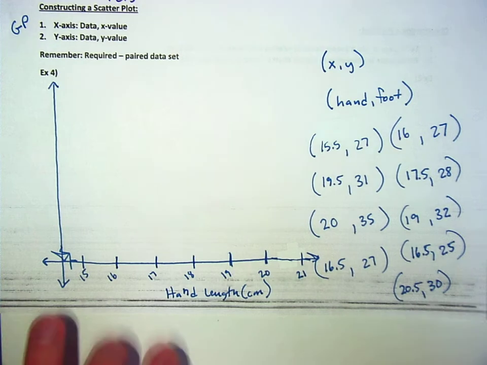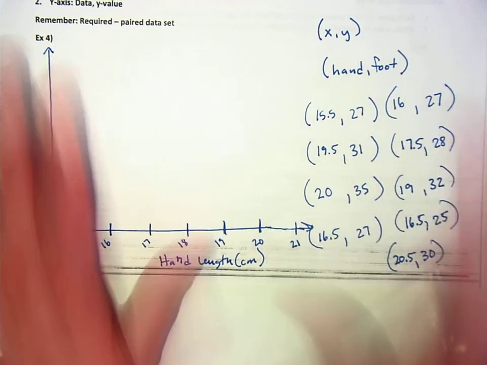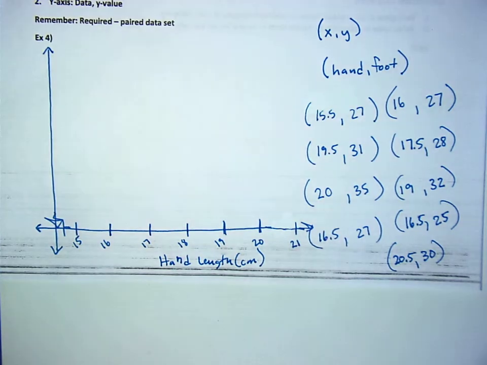We're adding hand length, centimeters in there. Let's see, the other side, we're going between 25 and 35.